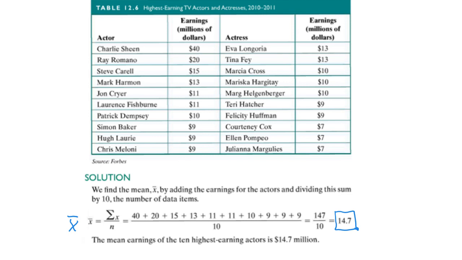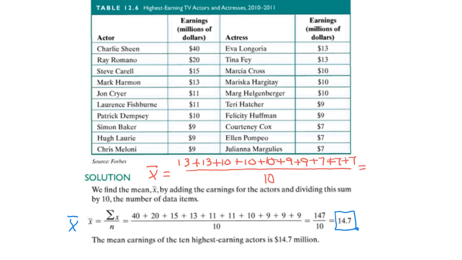If we wanted to find the mean for the ladies, the actresses, we would say X bar is equal to, and let me write all this out, we'll add up all of those earnings. And then once we add them all together, we have to divide once again by the number of actresses that we have. And again, the number will be 10.